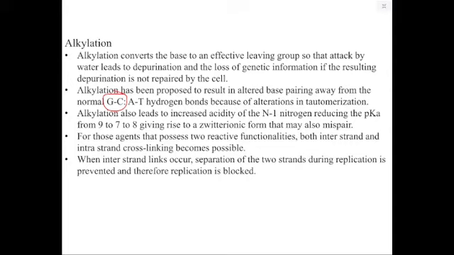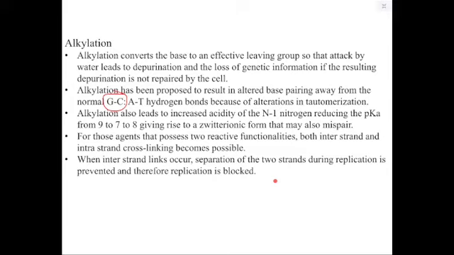And of course, as we have said, this will have an influence on those bases, an influence on the DNA, and therefore an ultimate influence on the transcription or the replication. When interstrand links occur, separation of the two strands during replication is prevented, and therefore replication is completely blocked. So you can have those two happening, interstrand or intrastrand.